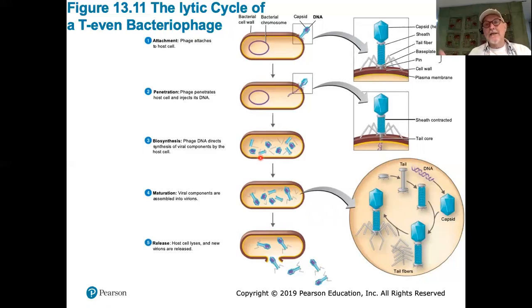It commandeers all of the transcription and translation machinery, and first of all gets the host cell to replicate the viral DNA over and over and over again, but then also transcribes genes which produce viral proteins.